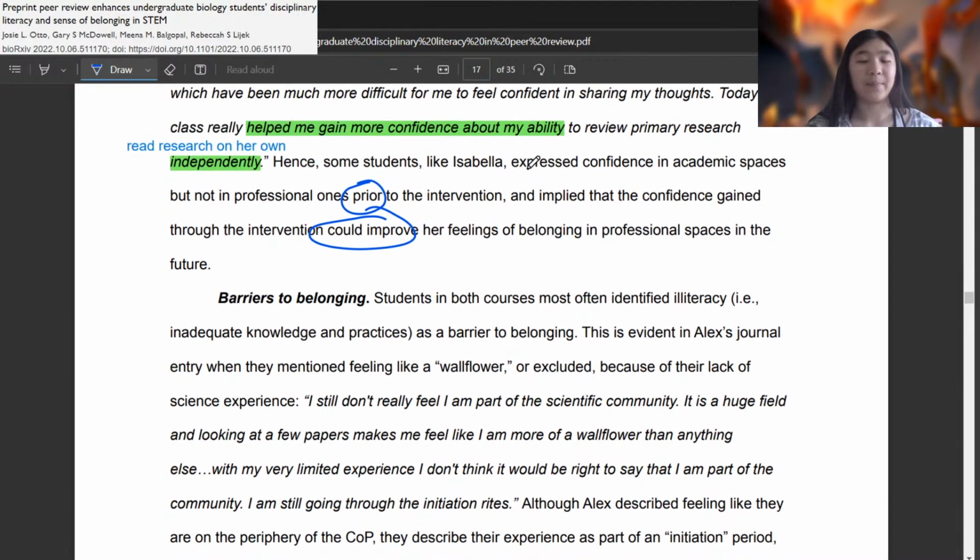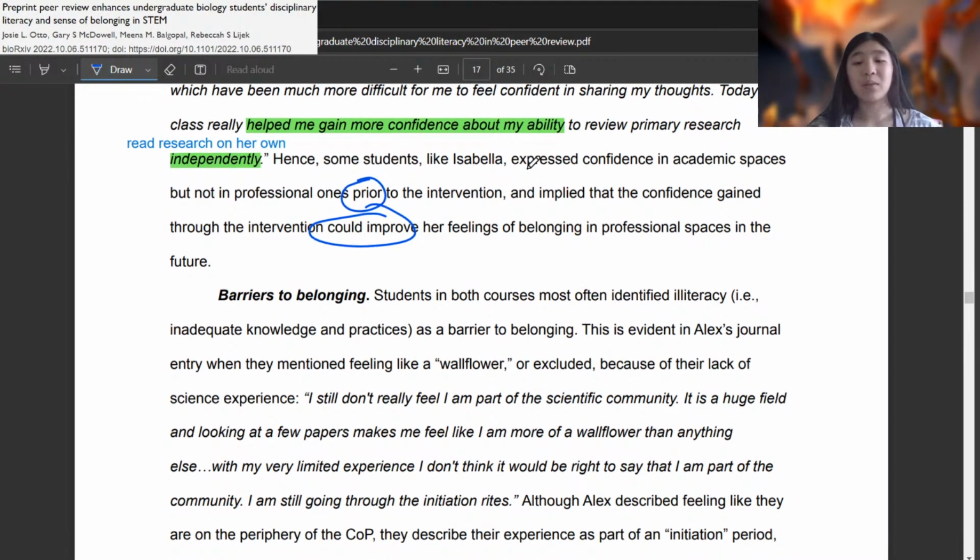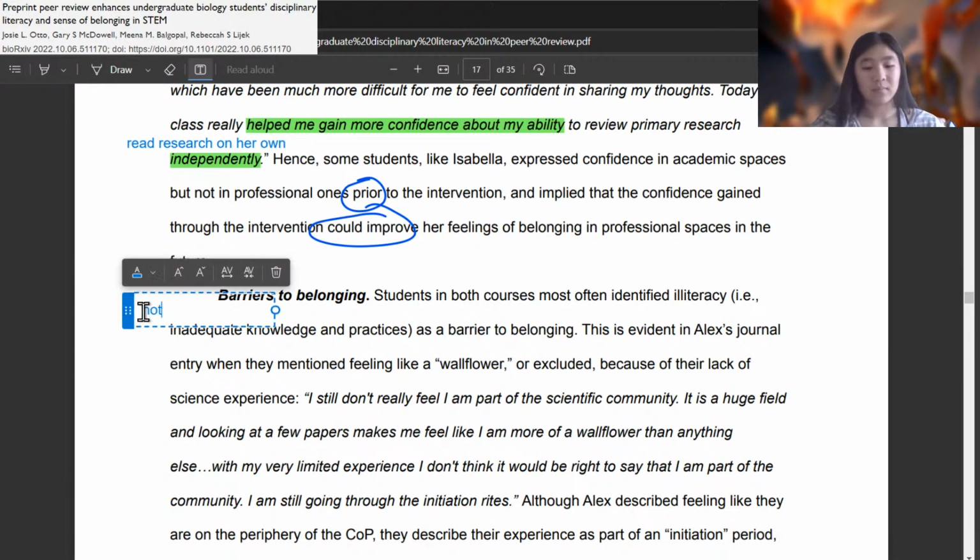Barriers to belonging. Students in both courses most often identified illiteracy, i.e., inadequate knowledge and practices, as a barrier to belonging. So basically, not knowing enough felt like a barrier.